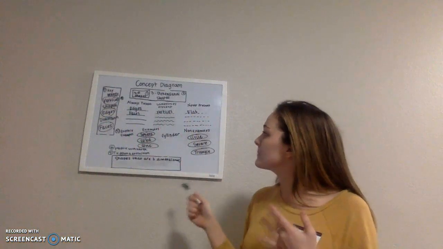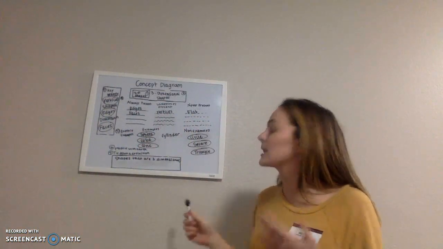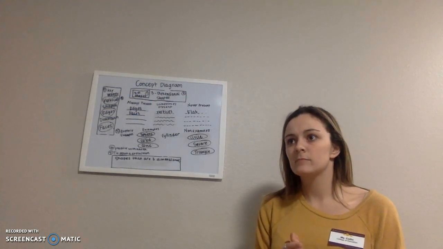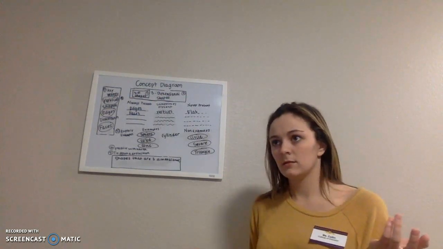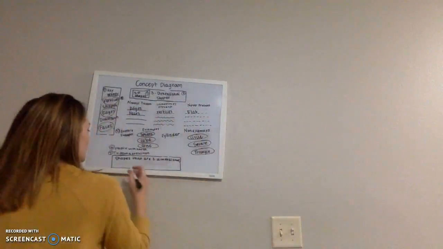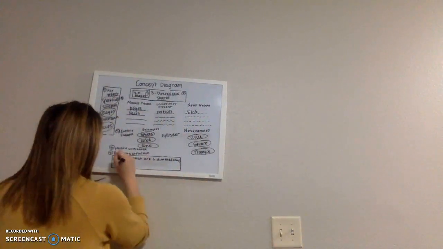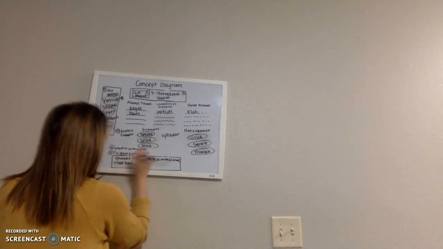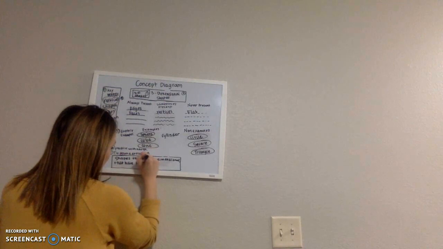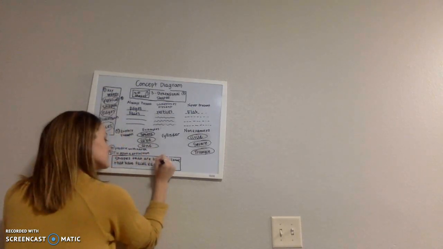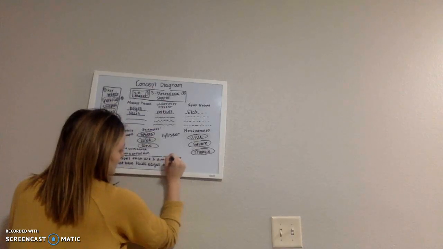What are some things in 3-dimensional shapes that we could use? They have edges and faces and sometimes vertices. Yeah, so we'll write that down. So shapes that are 3-dimensional that have faces, edges, and vertices.